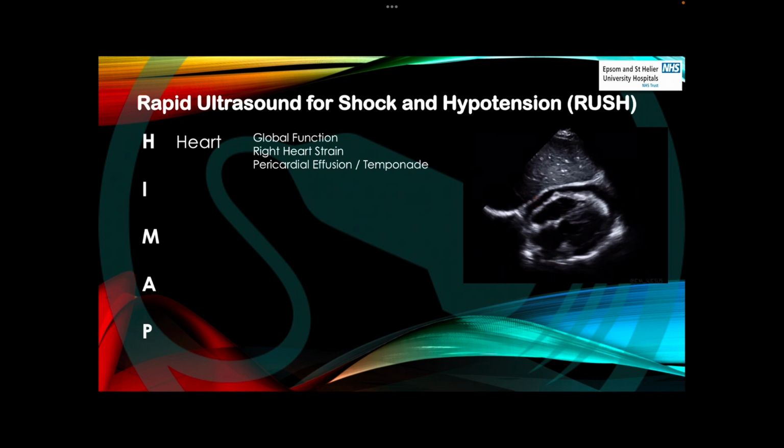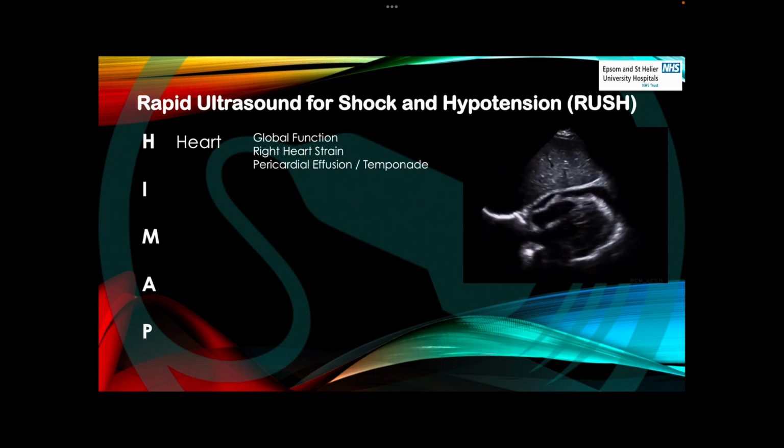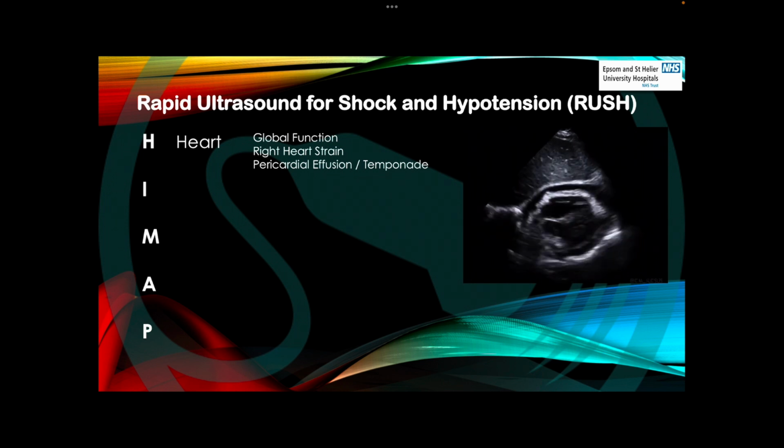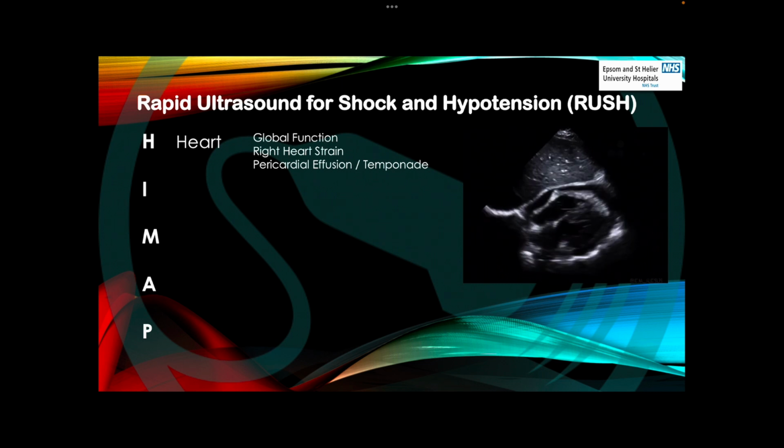You can see the contraction of the heart, flooding inside the pericardial effusion. Keep in mind that tamponade is a pericardial effusion plus right atrial diastolic collapse plus right ventricular systolic collapse plus pulsus paradoxus and high inferior vena cava pressure. Okay, so this is for the heart.